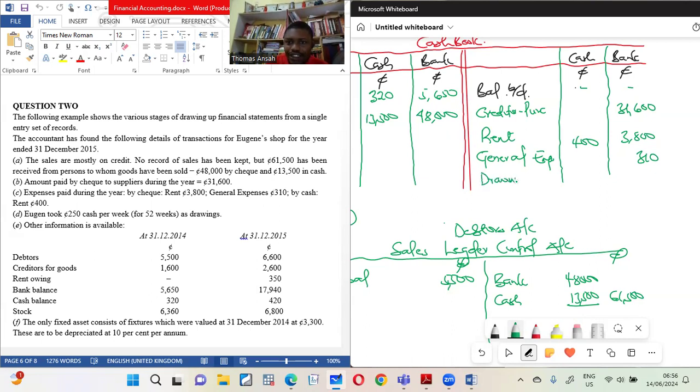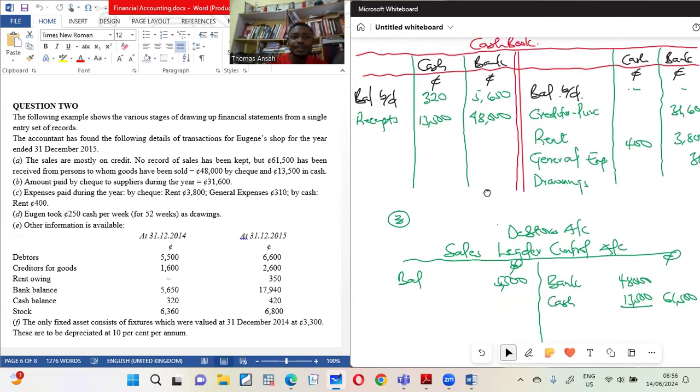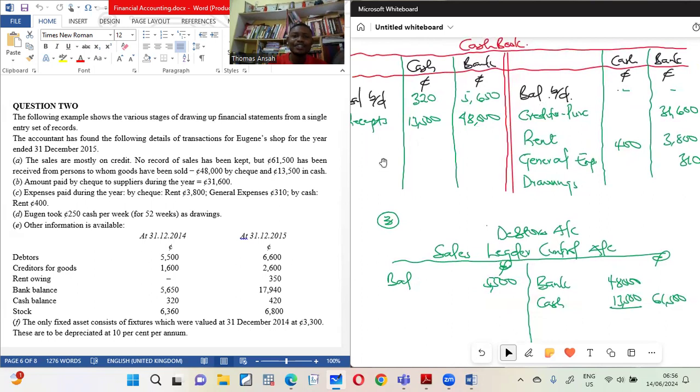You see, the idea you should have in basic accounting is that if your balance brought down is here, your asset has debit balances. Anything that is reducing your cash will be on the opposite side. If you draw cash, you are reducing your cash. It will be on the opposite side. If you pay expenses, you are reducing your cash. It will go on the opposite side like that, okay?